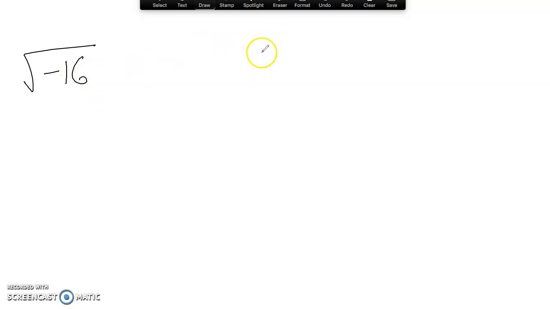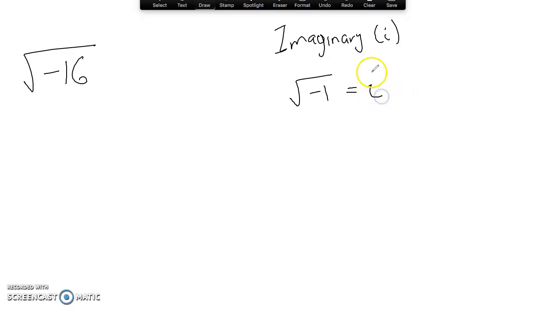But now we can simplify using imaginary numbers. Okay, so take note that the square root of negative 1 is now i. We also know that negative 1 is i squared.